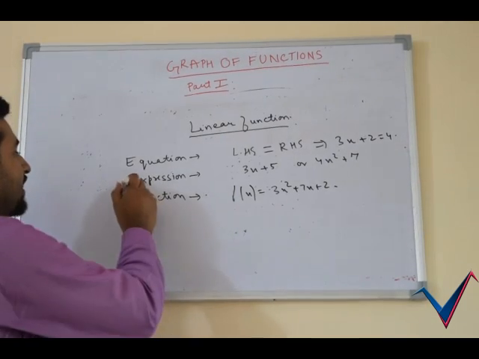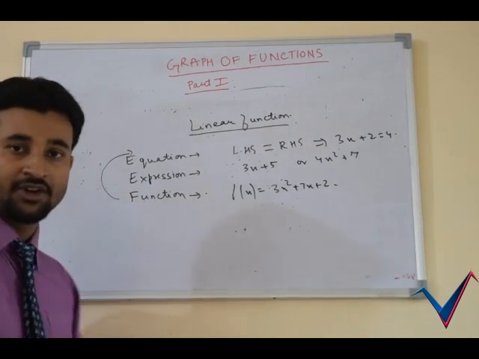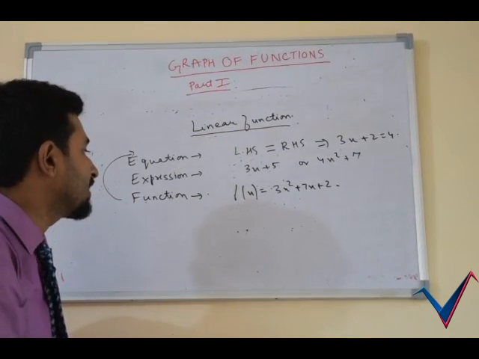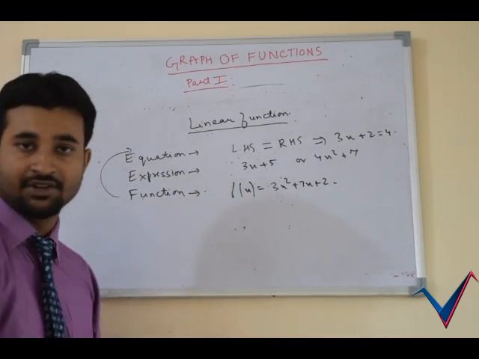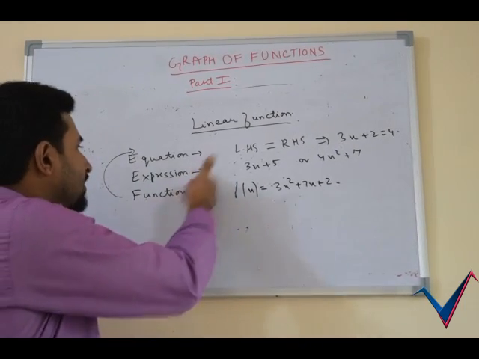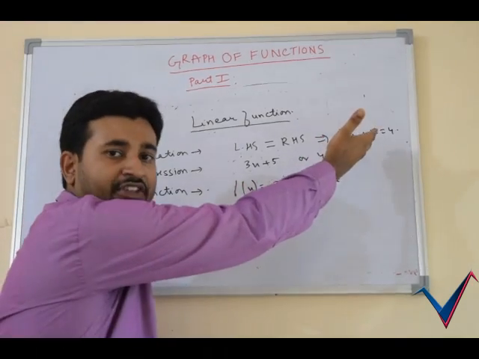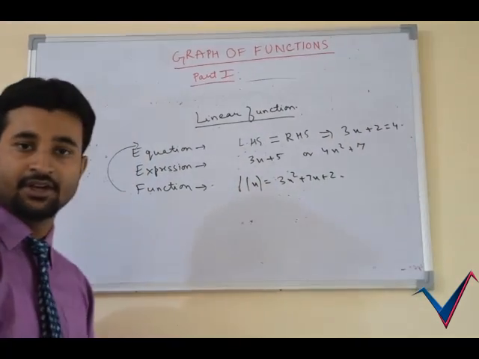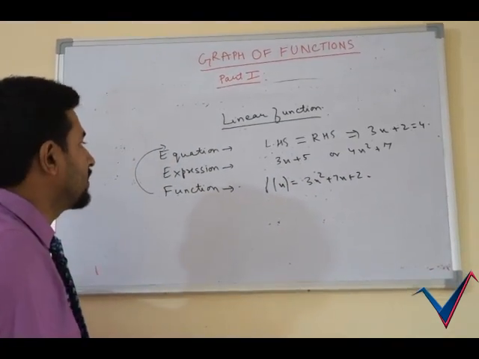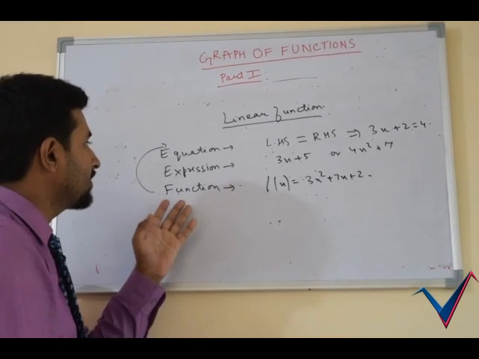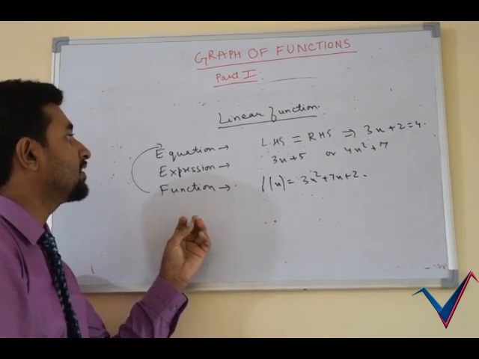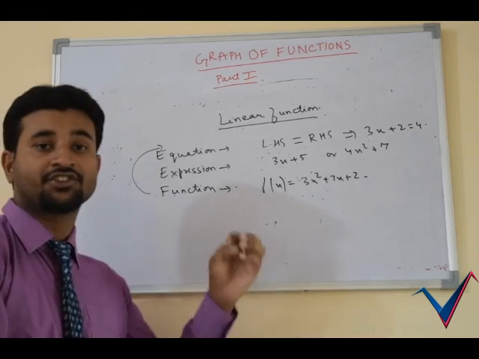Function is a case of simply equation. So whenever we will draw the graph, we will draw the graph of a linear function. Or you can call it as graph of linear equation also, because equation is a case of function only. Now we have studied about equation, expression, and function. So now we will see some standard form of equation of a straight line.